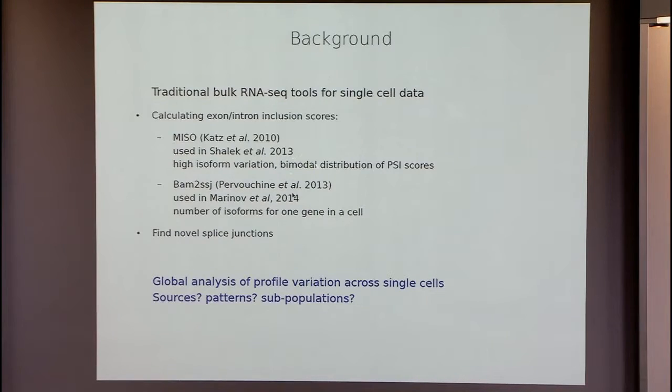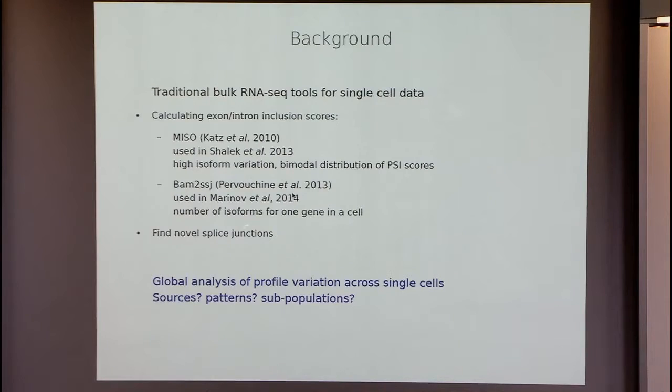They also show that the PSI score, which is just the exon inclusion score, has a bimodal distribution. And BAM2SSJ, which is an intron-centric method, has been used by Marinov et al. to study the number of isoforms for a particular gene in one single cell.